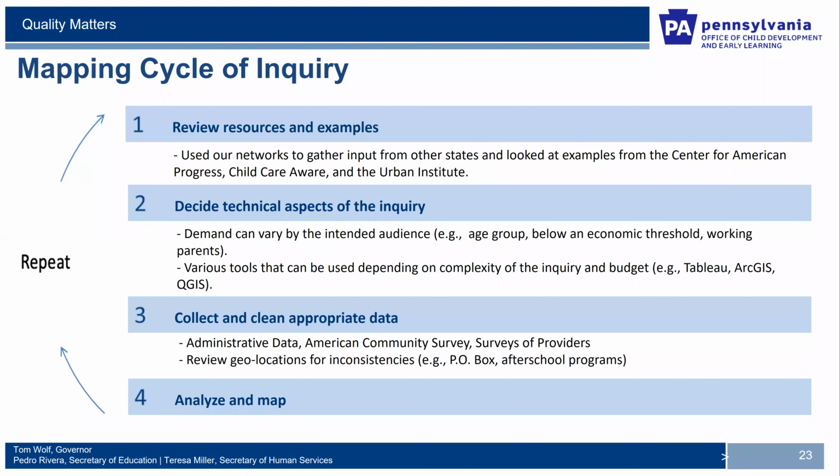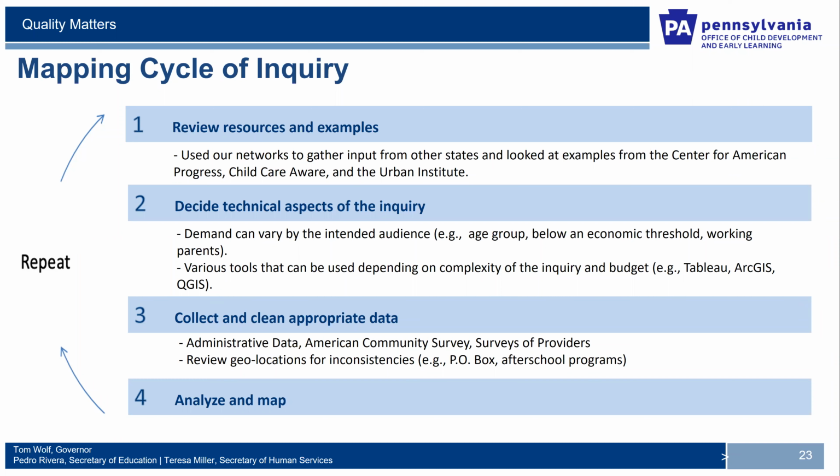For example, we made decisions about how to define demand, which can be estimated based on age of children, whether they are below an economic threshold or have working parents. We also learned that the preferred definition varies by the intended audience. We also chose an appropriate tool. And as Erica pointed out, there's various to choose from depending on the complexity of the task. Could be Tableau, could be ArcGIS, or even could be QGIS.